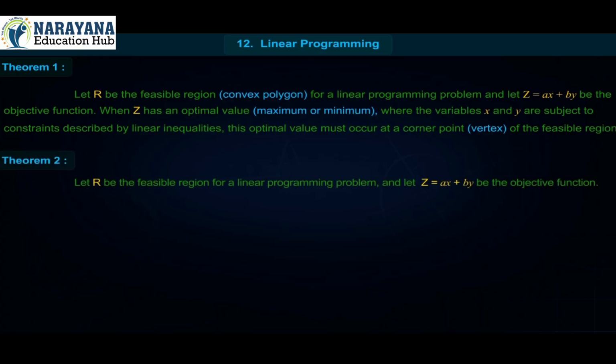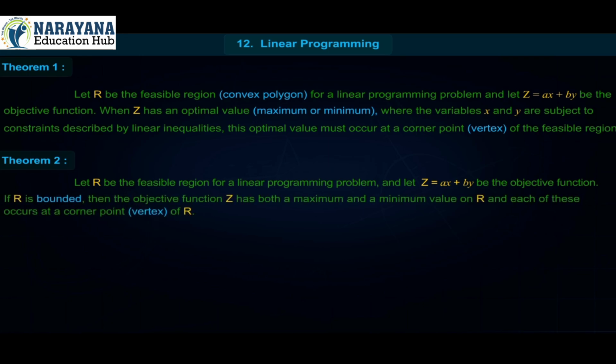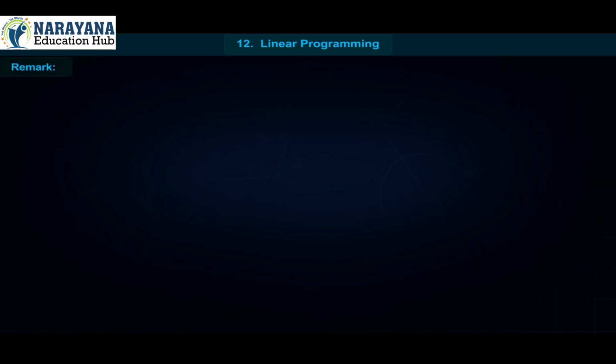Theorem 2. Let R be the feasible region for a linear programming problem, and let z = ax + by be the objective function. If R is bounded, then the objective function z has both a maximum and a minimum value on R, and each of these occurs at a corner point, that is, a vertex of R. Remark.